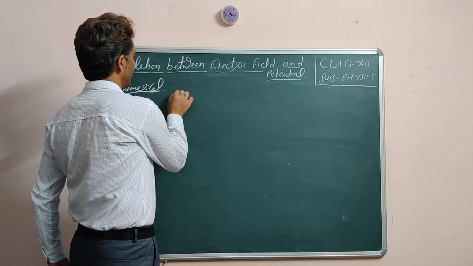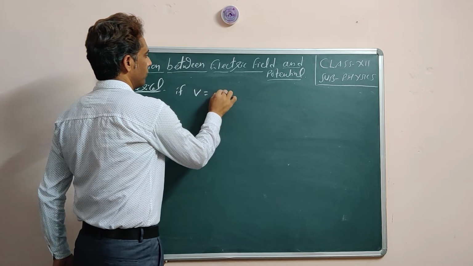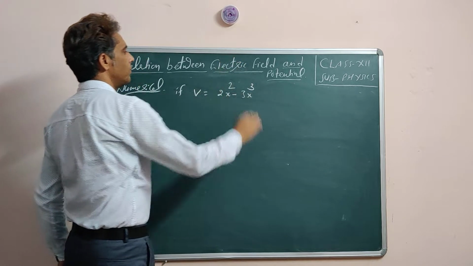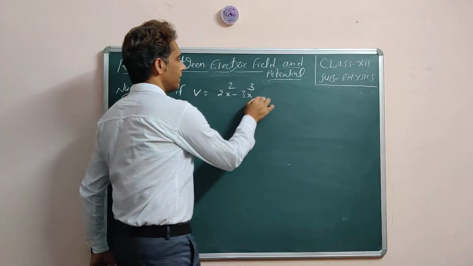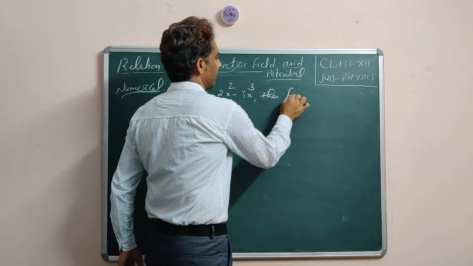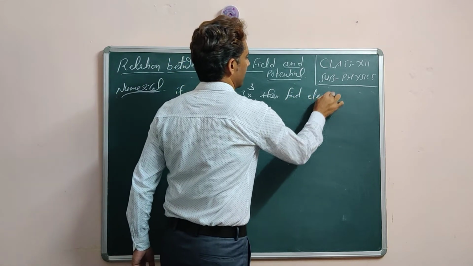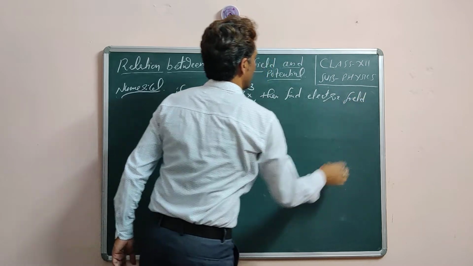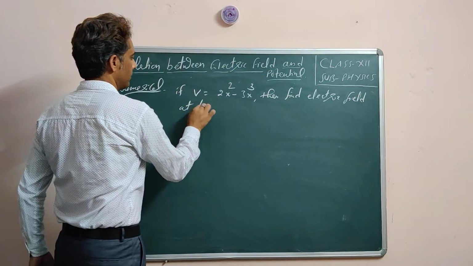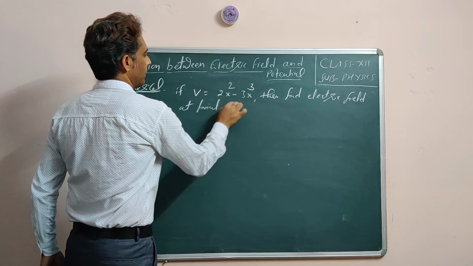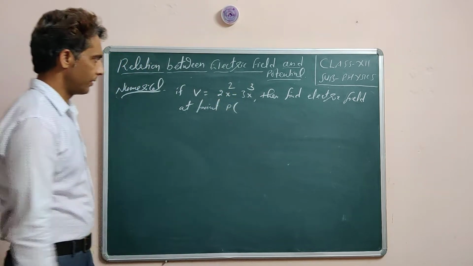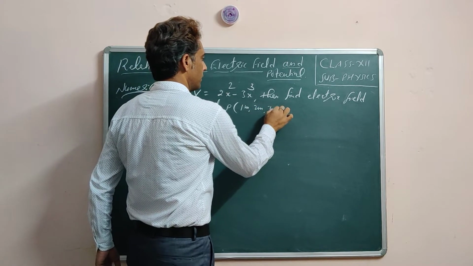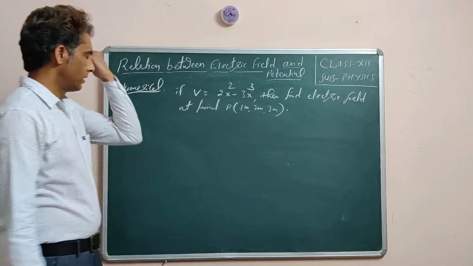If V is equal to 2x square minus 3y cube, then find electric field at point P, where the coordinates of point P are 1 meter, 2 meter and 3 meter respectively.